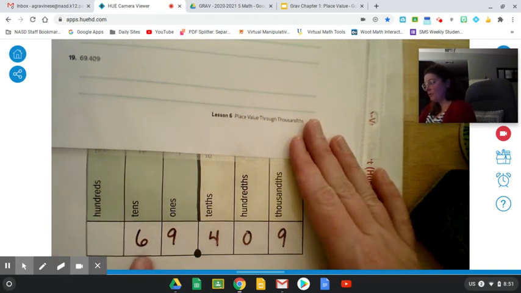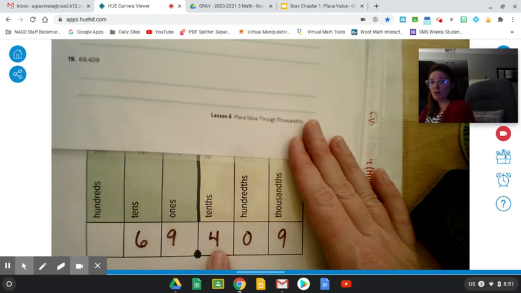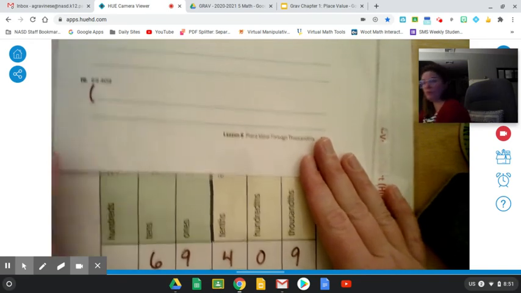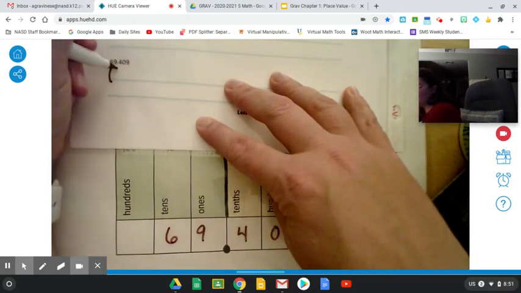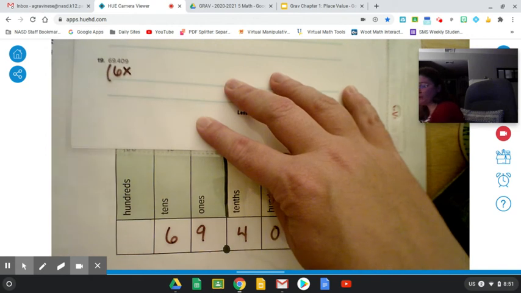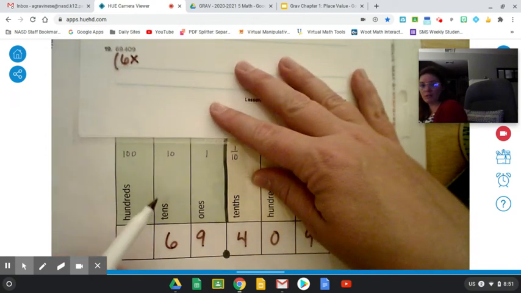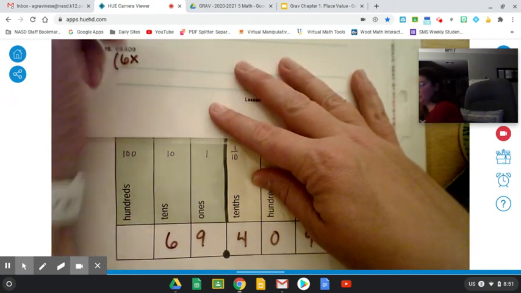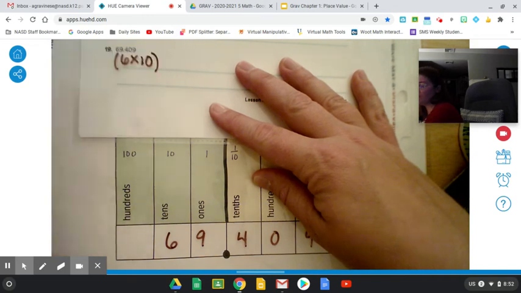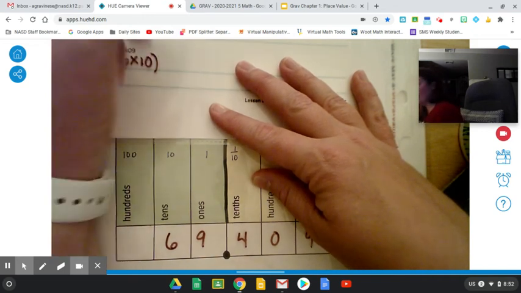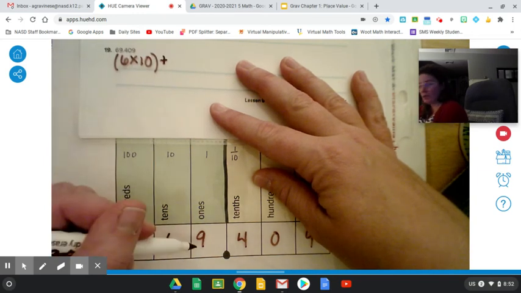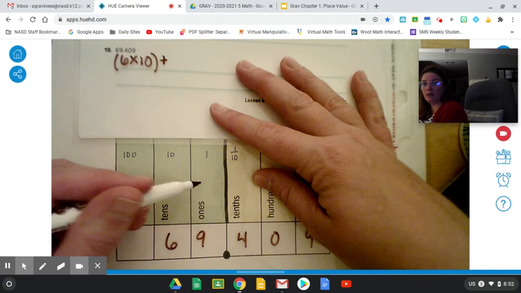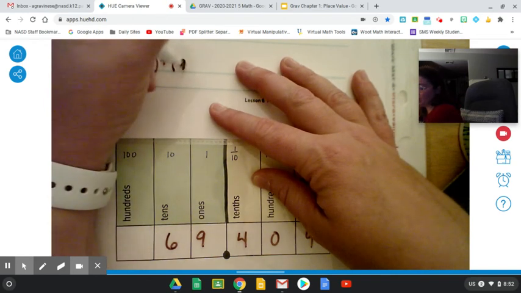So I have 69.409. Let's expand it, starting with my greatest value, the 6. I see a 6, and it's in my tens place. So I write 6 times 10. And I'm going to keep adding all of these different digits and their values. Next is a 9 in the ones place. 9 times 1.